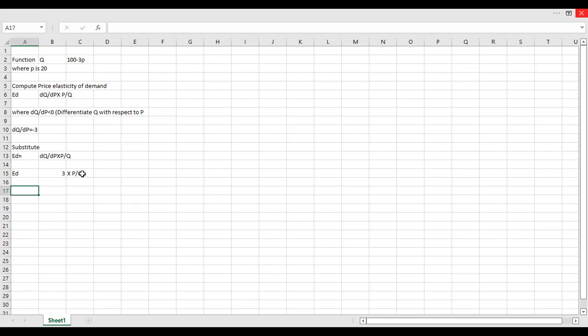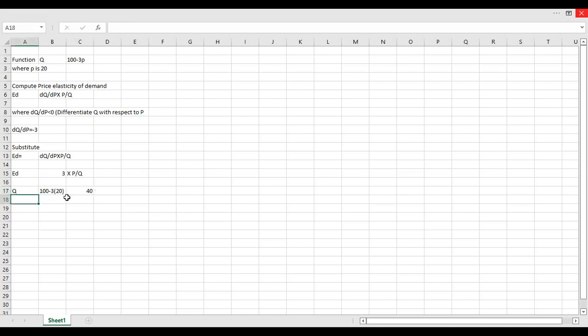So we need to determine what our quantity will be. The quantity here will be equal to 100 minus 3p, where p is given to be 20. So this will now be equal to 40.